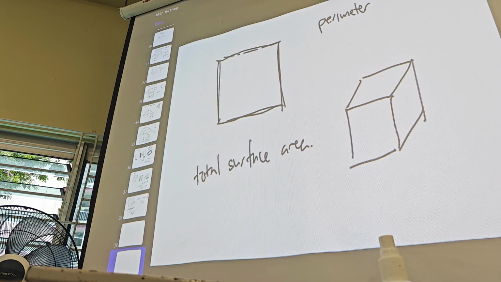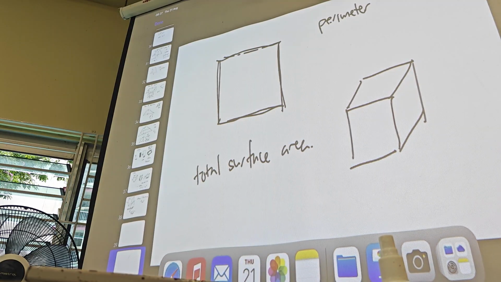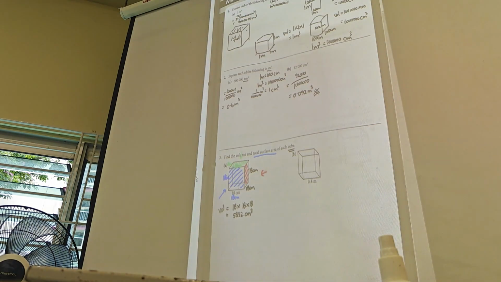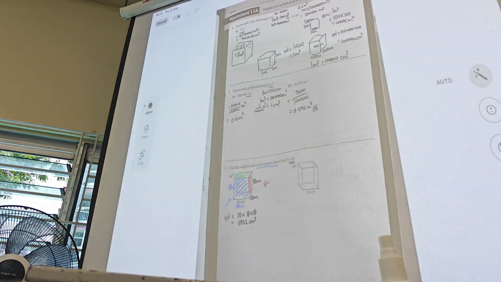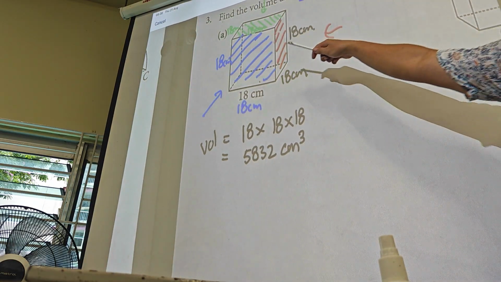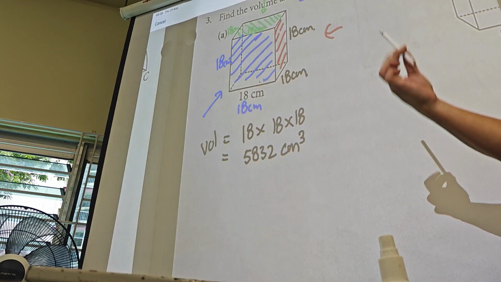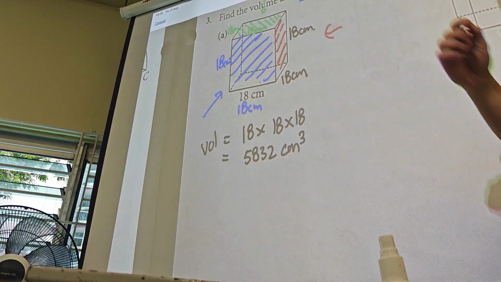Okay, so back to our question in our workbook. The total surface area is the total area that is covering all the faces. Meaning, there will be one from the front, one from the side, one from the top, one from the bottom, one from the left, one from behind.